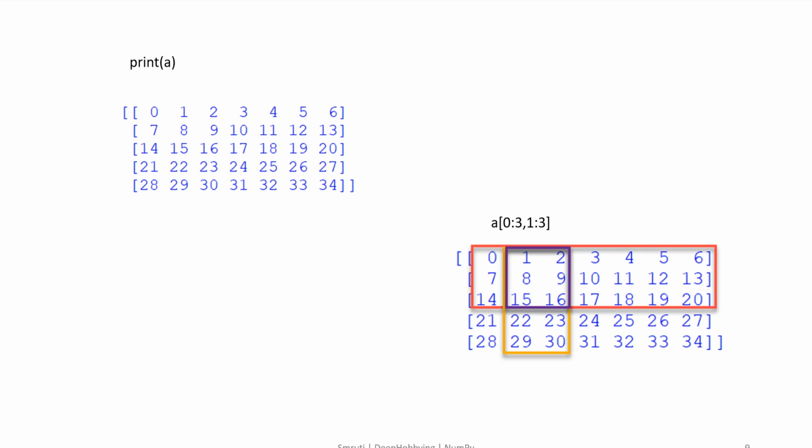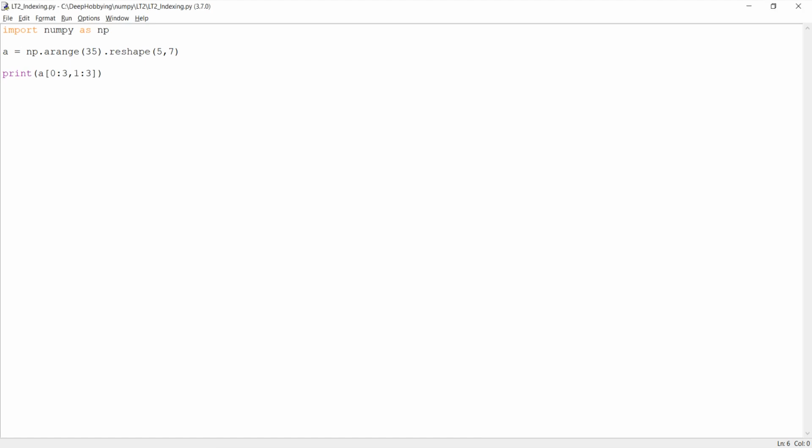Wonderful. Now let me first write it down here. I say 0 here, then I'm saying 3 here, so basically 3 using 2 colons. As you can guess, from the row side it will start from 0 and move till the end and grab exclusively every third row.